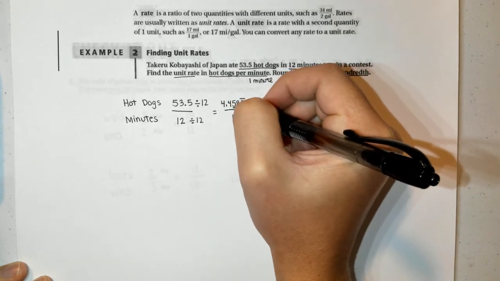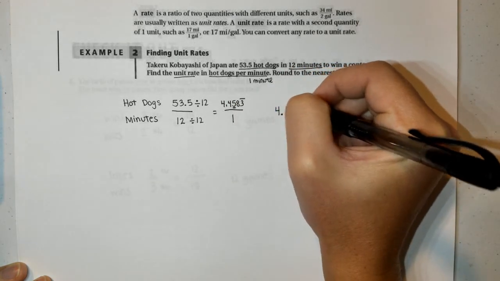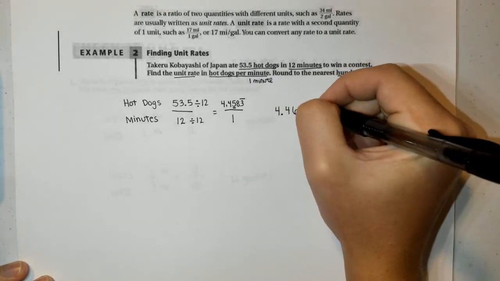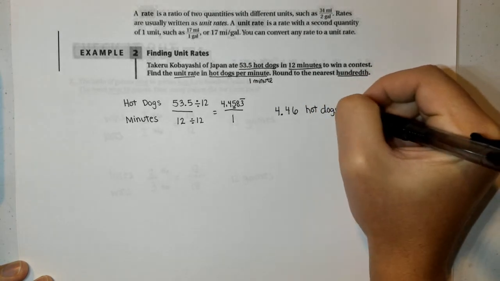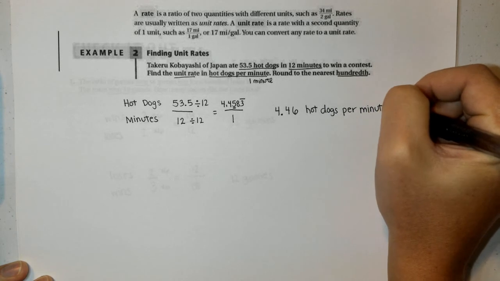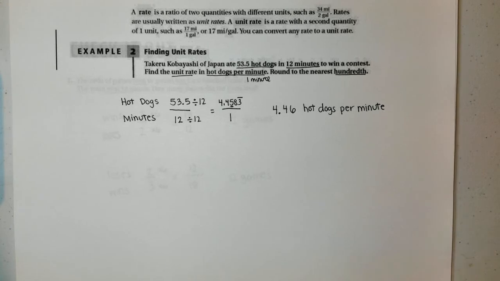So 8 is above, so we'll give it a shove. So we'll say 4.46. And the label for this is hot dogs per minute. Okay, and it's hot dogs per 1 minute. That's why it's a unit rate. 1 minute means a unit rate. Okay?